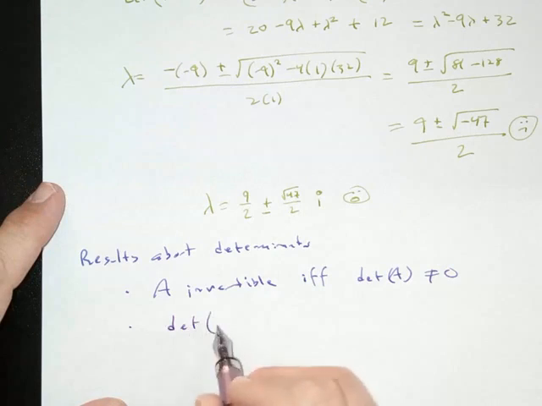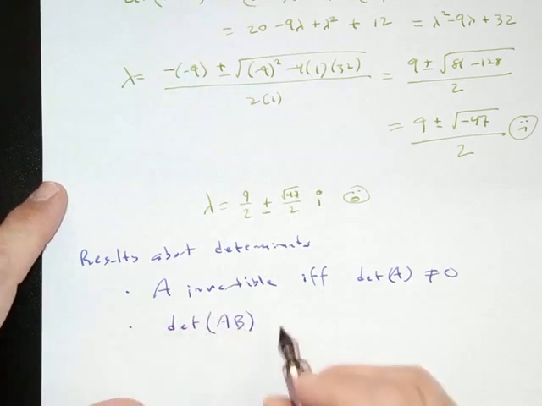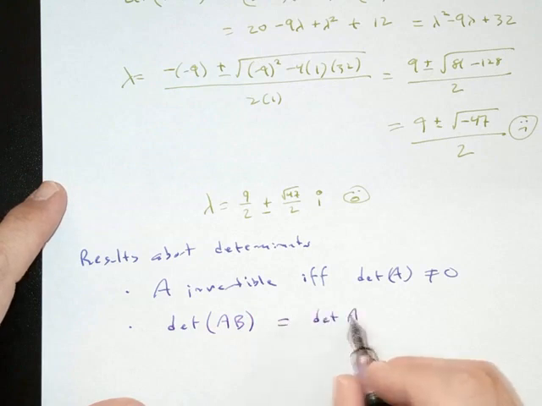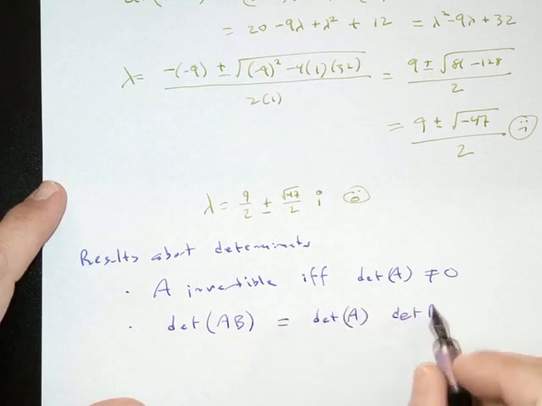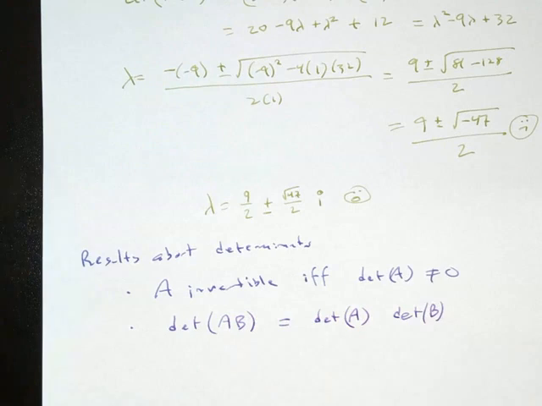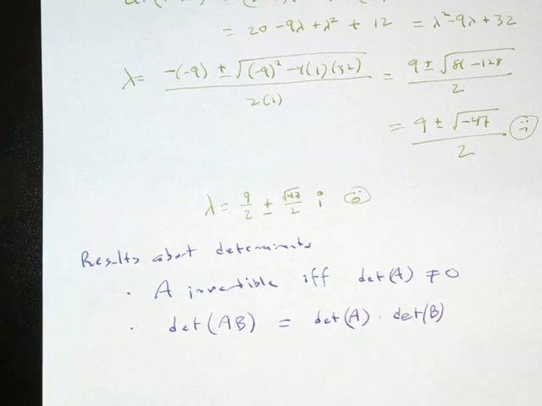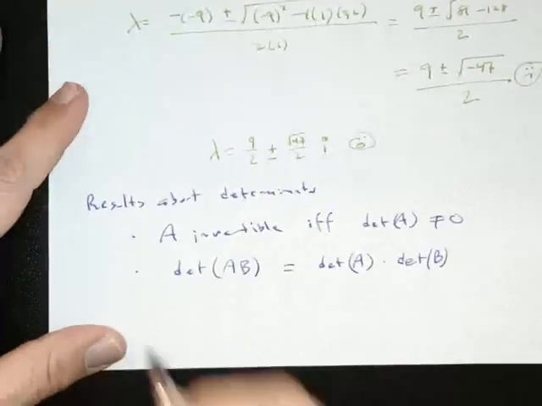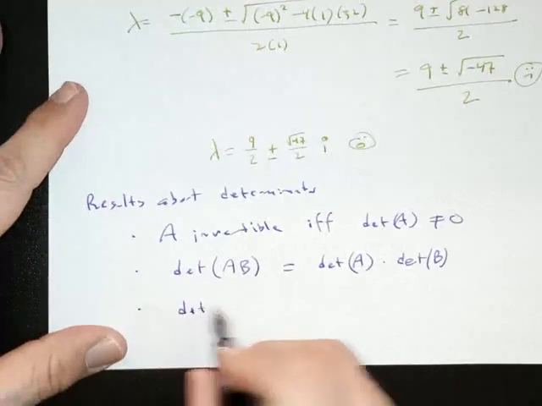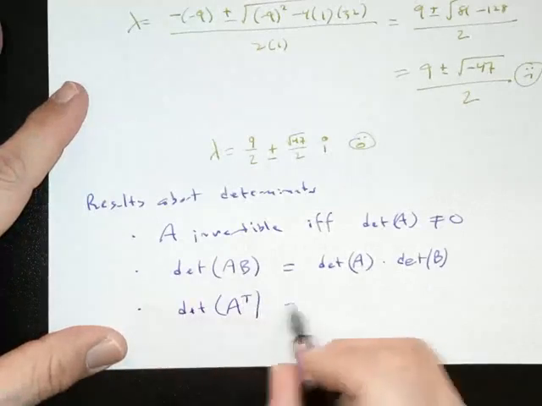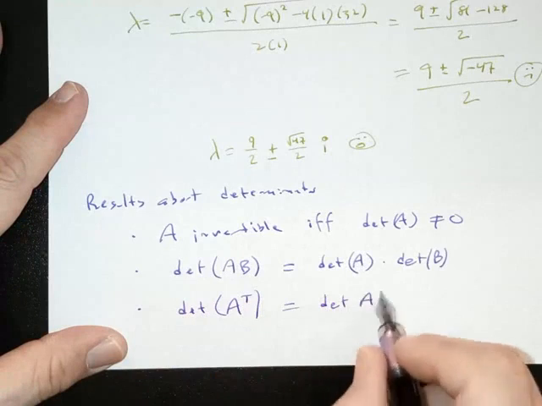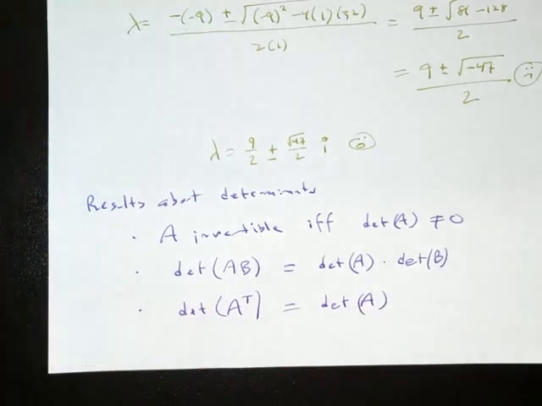We know that the product of two matrices, when you take the determinant, you get the product of the determinants. That we have the same determinant if we switch rows with columns. So the transpose and the original matrix have the same determinant.